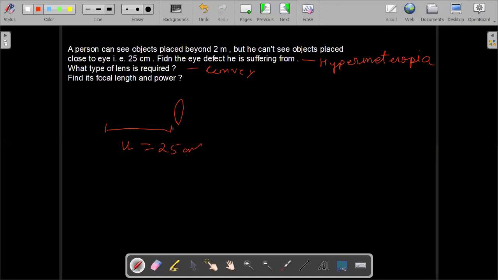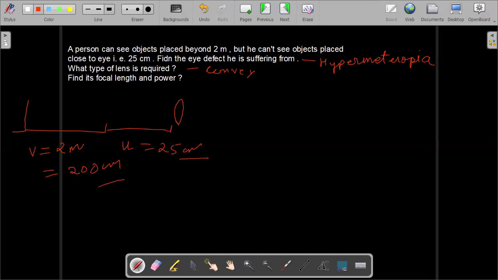Whatever image is formed by this lens should be formed beyond 2 meter, so the image distance should be 2 meter. In centimeter, it is 200 centimeter. Since we have centimeter here, I also converted this one to centimeter.